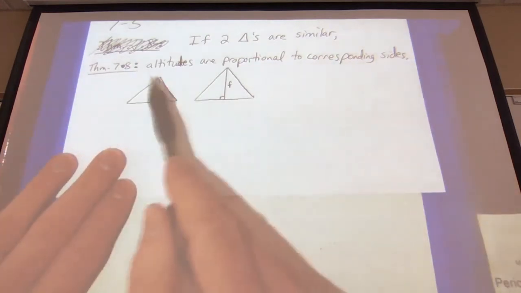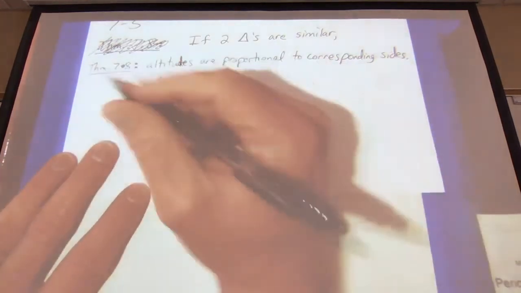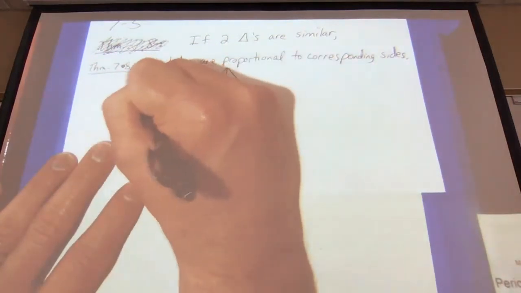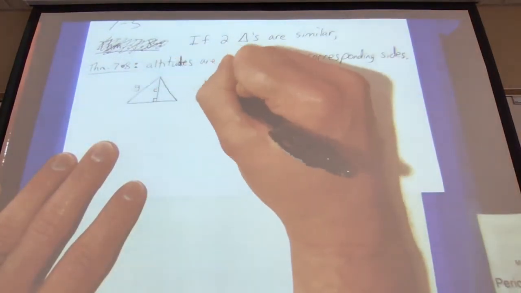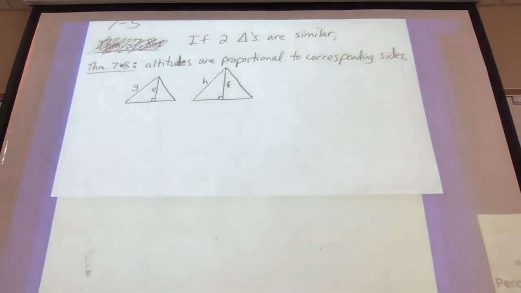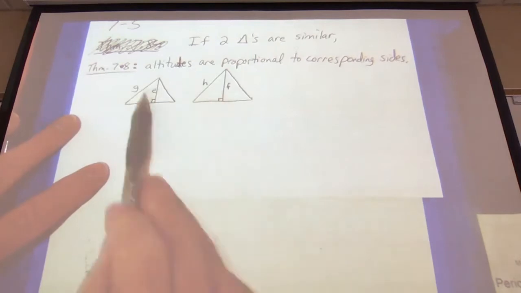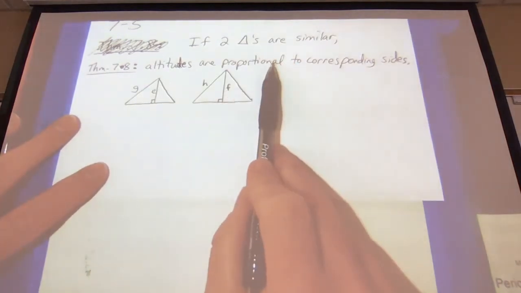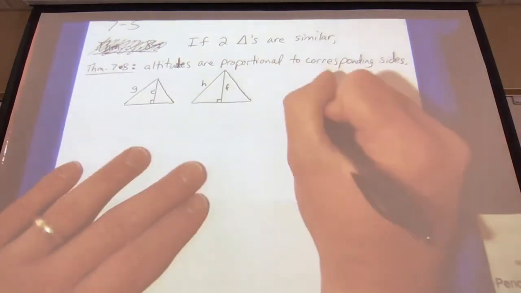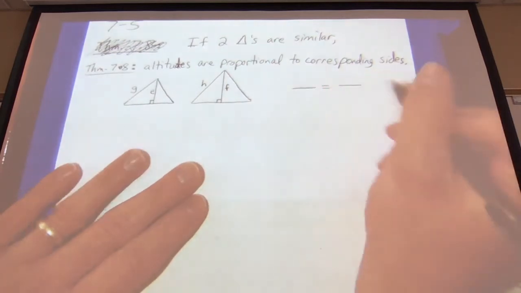Sometimes they'll give you the bottom side, sometimes the left, sometimes the right. For this one, let's go with the left sides. G and H are going to be the two corresponding sides of the triangle. And then just like we've been doing all chapter, they're giving you 4 parts here. The theorem says those 4 parts are going to be proportional, so we'll set up a proportion.